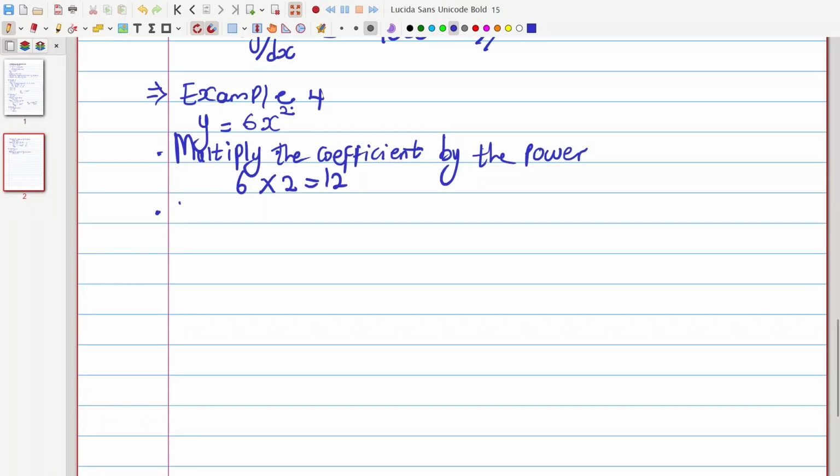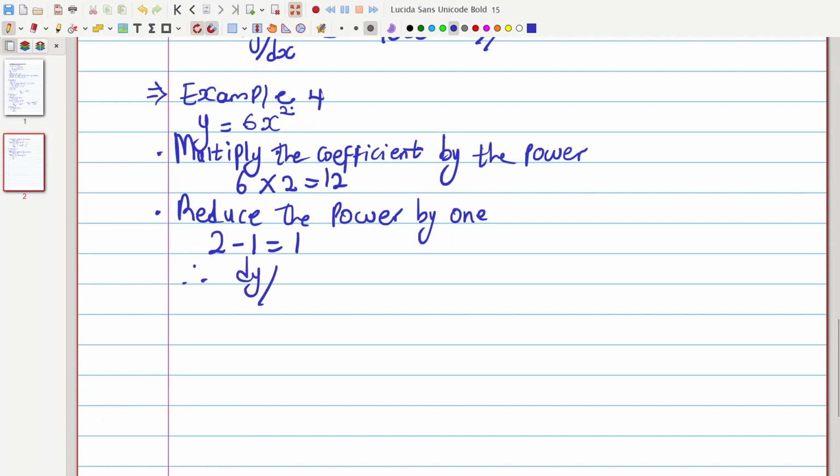Next step is to reduce the power by 1, which will be 2 minus 1, which is equal to 1. Therefore, dy/dx is equal to 12x raised to power 1, which is the same thing as 12x.